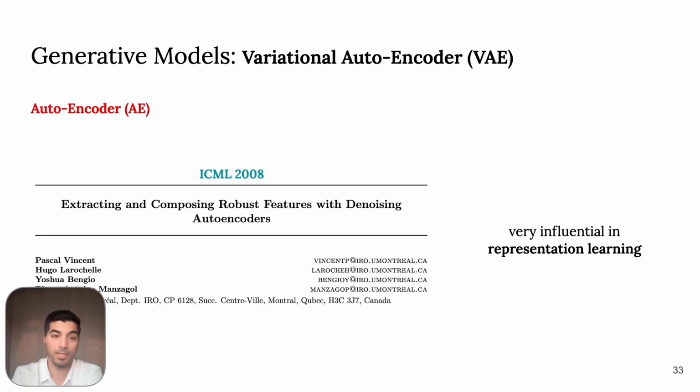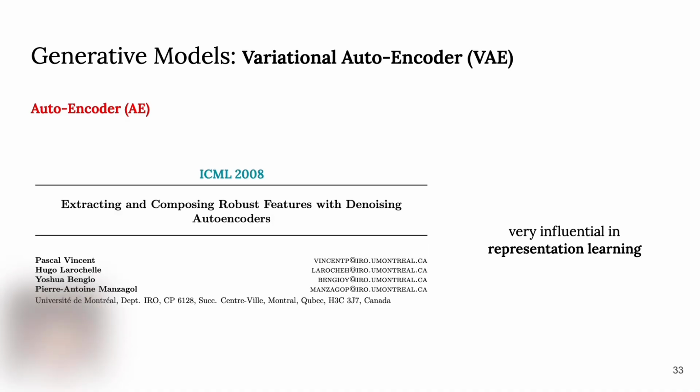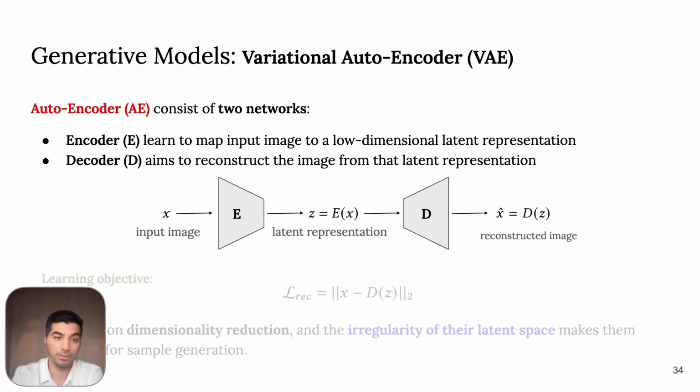The most popular paper, which introduces autoencoder, is this ICML 2008 paper from Yoshua Bengio's group. This one is also a very influential paper in representation learning. And based on this paper, an autoencoder consists of two networks. We have an encoder, which learns to map input image to a low dimensional latent representation.